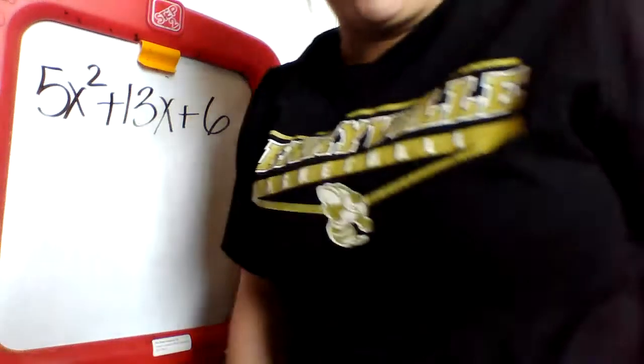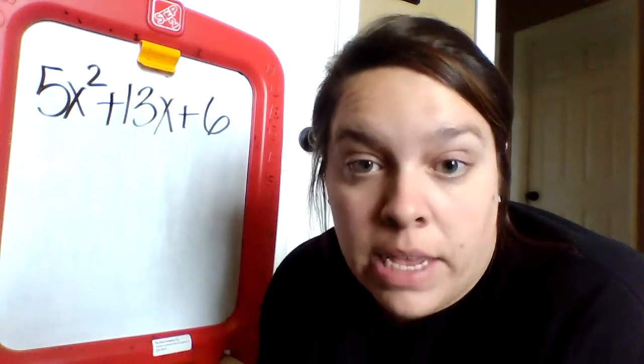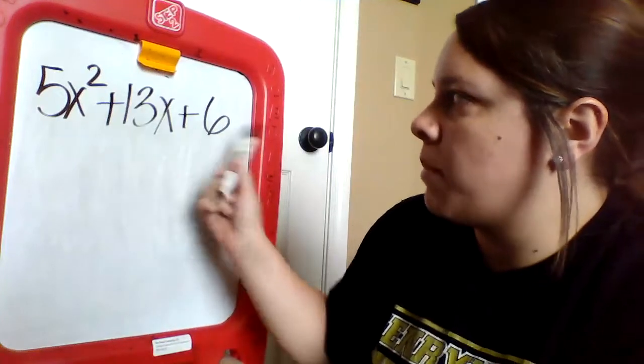All right, if you're not done, go ahead and just pause the video here, finish it, and then start it again. So it is in standard form, x squared, x number.